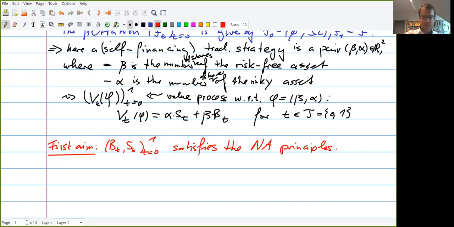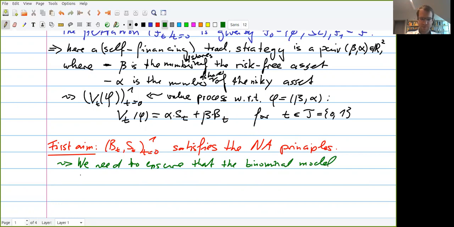Right? So we need to ensure, and this is the main task, that the binomial model is arbitrage free.